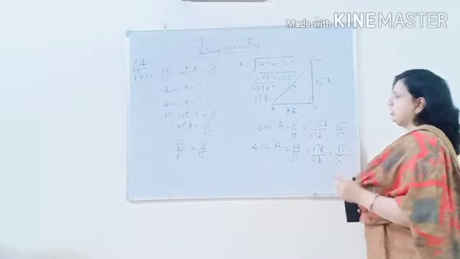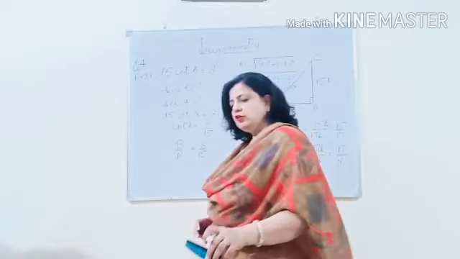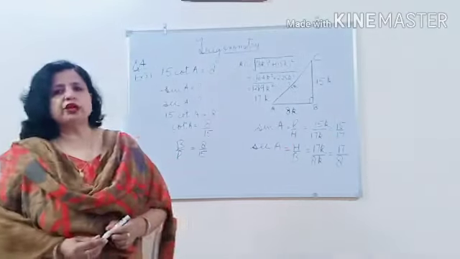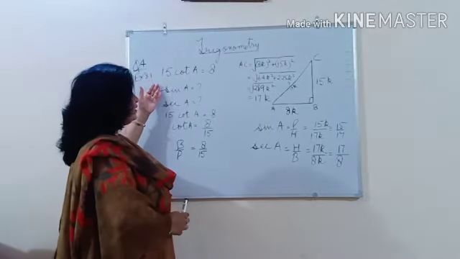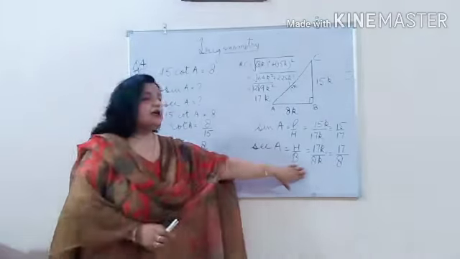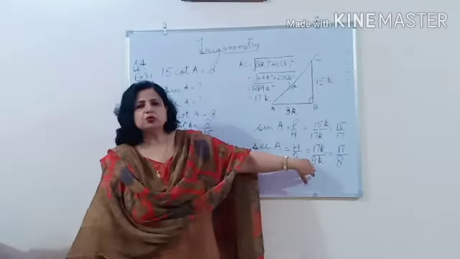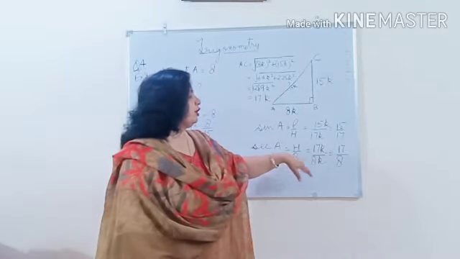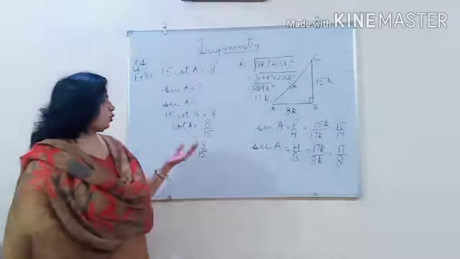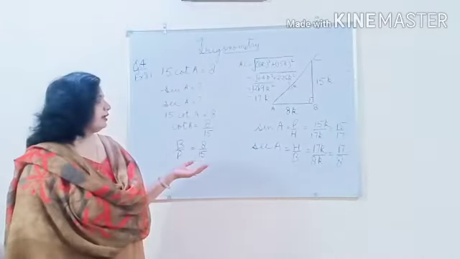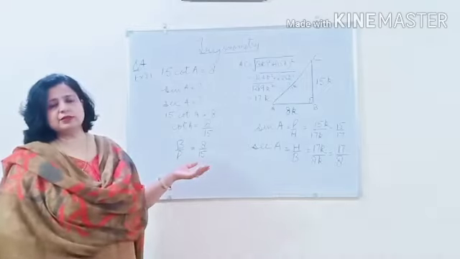Now we were given one trigonometric ratio here, that is cot, and we have calculated sin and sec using this trigonometric ratio. You can also calculate the remaining four, that is cos, tan and cosec, in a similar manner.